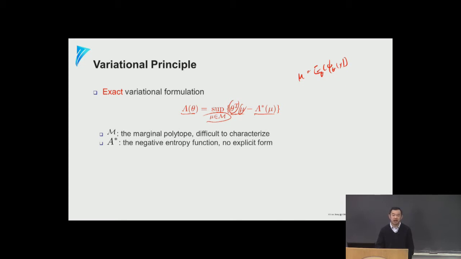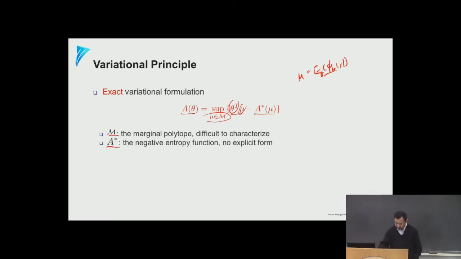Because it is a convex combination of the marginals of all these sufficient statistics. In the discrete case, it's a convex hull of the linear combination of all that. In the continuous case, it's the real convex hull of that. So make sure that these are what you remember.